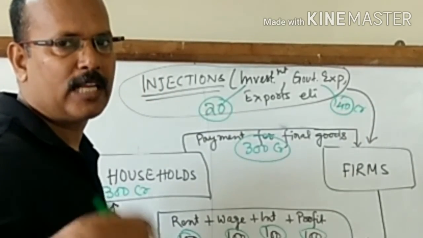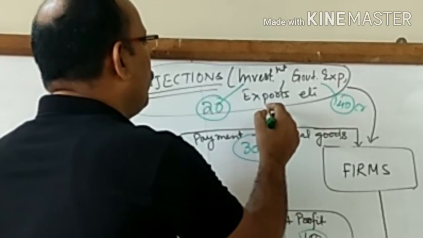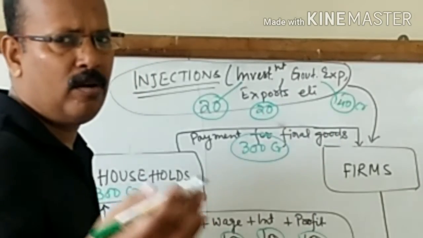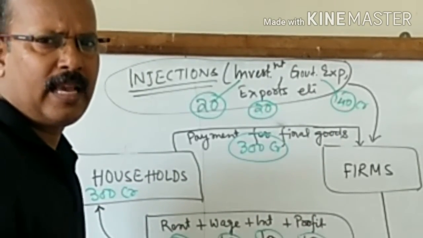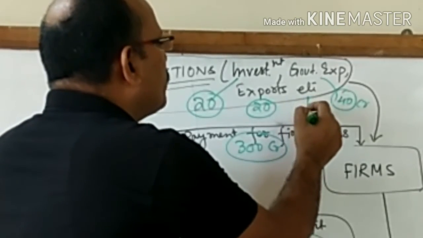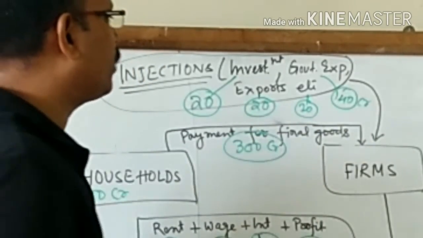Then exports. We are exporting our goods abroad, so export earning is also there, say 20. And some subsidies and other assistance received by the firms, suppose that is 20 crore. So total 100 crore.